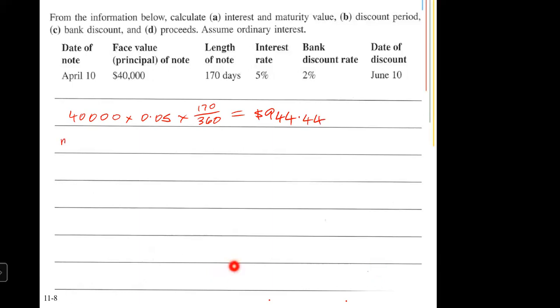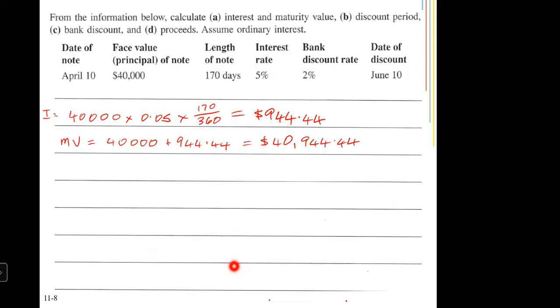So the maturity value then, this is your interest, the maturity value would be the 40,000 plus the 944.44, which is equal to 40,944.44.